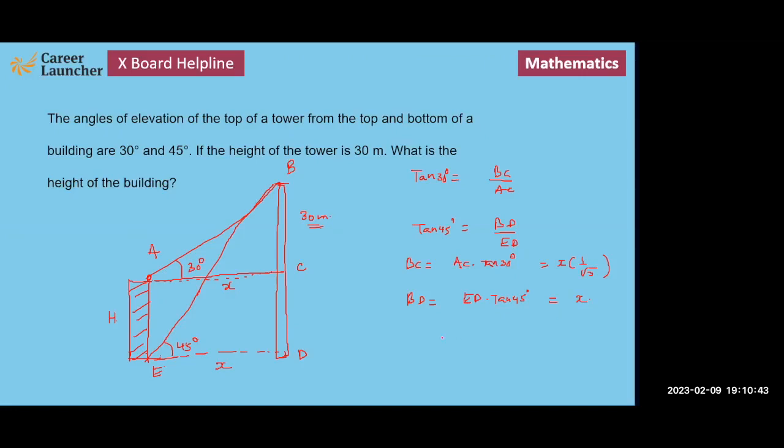So BD minus BC, which is equal to CD, is equal to X into 1 minus 1 by root 3. Okay. So we know the value of CD.